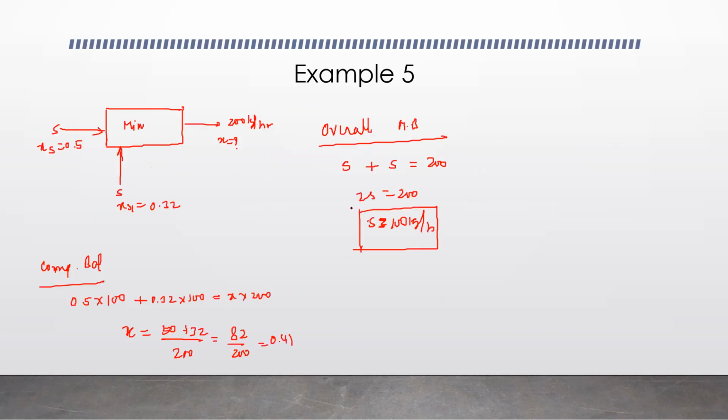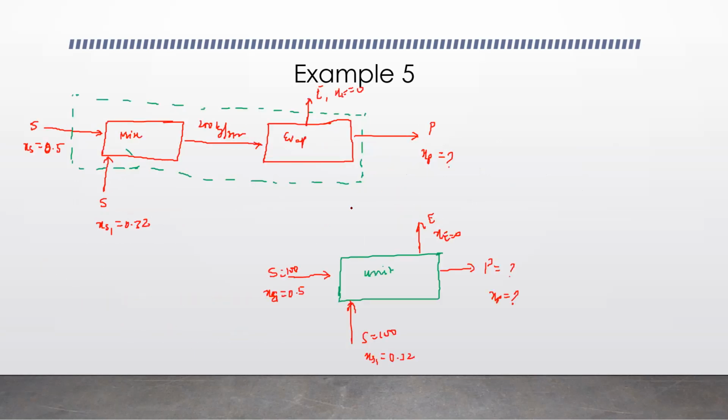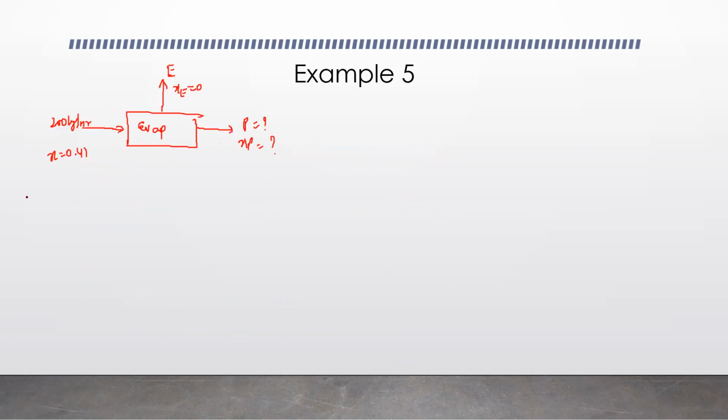So what is the amount of water in the solution? Again, we cannot use this diagram to evaluate it. In order to calculate water in the mixture, we know that 0.41 is the mass fraction of sulfuric acid, right?